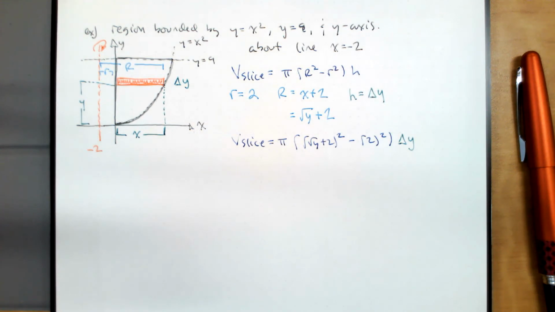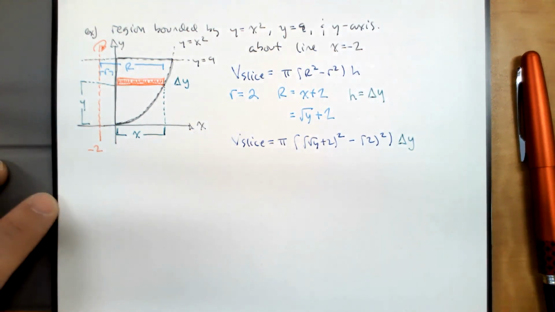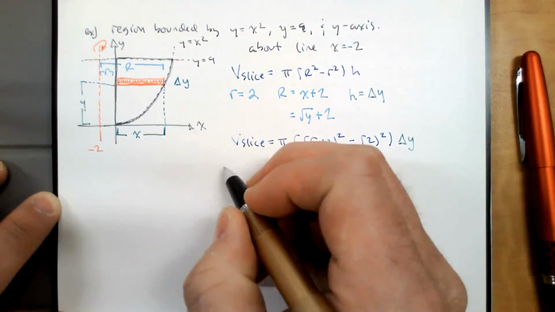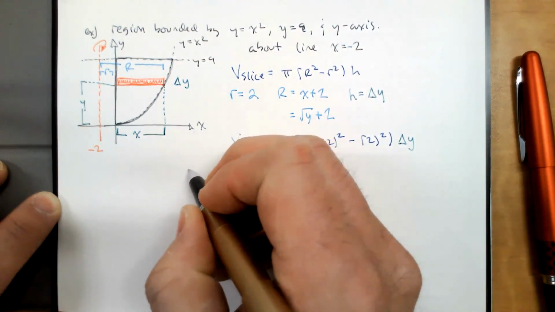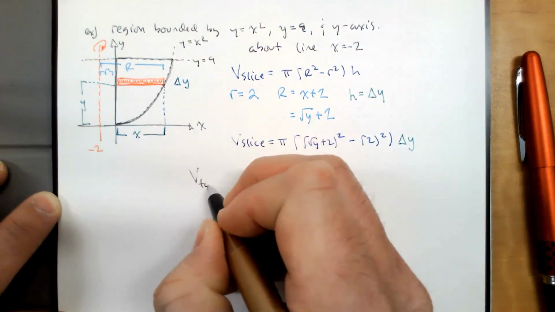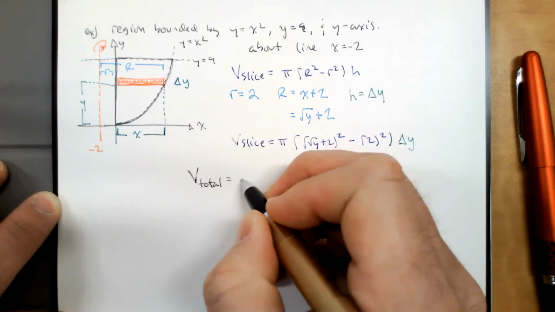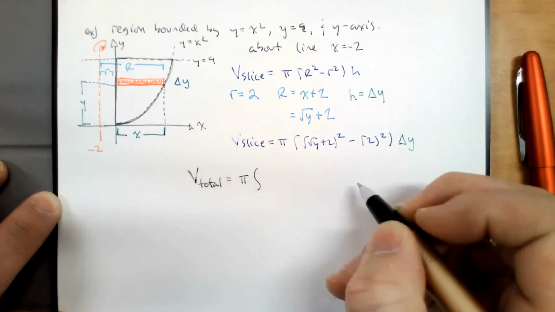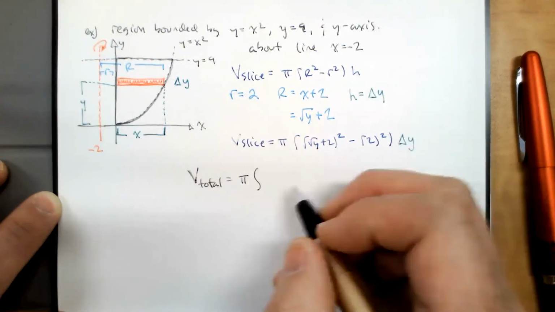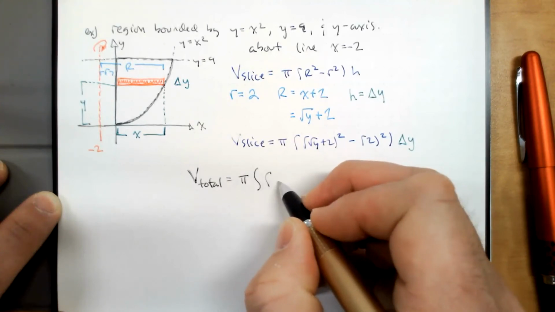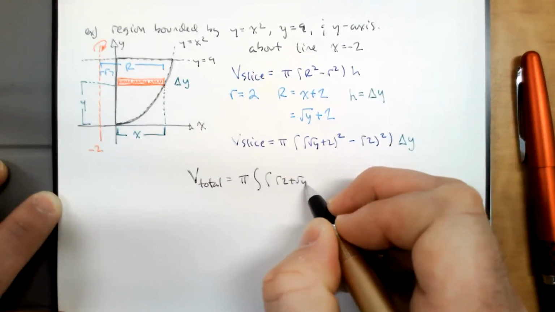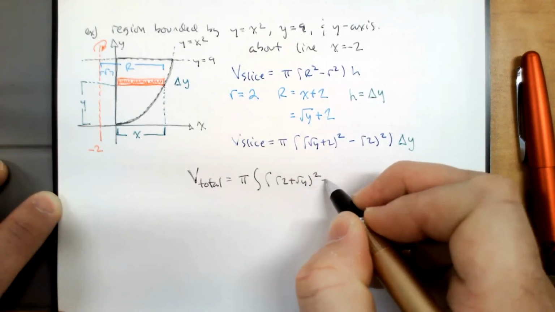So now we just have to integrate over all the y values where we have a slice. Should probably clean this up a little bit too, but since we're just going to be plugging it into our calculating machine, we're not going to worry too much about it. Although I always factor out my constant pi. I'm not going to simplify this. I'm going to write 2 plus root y for safety.